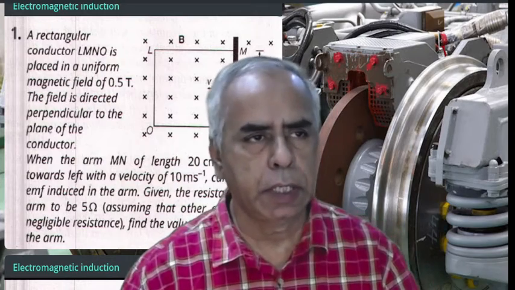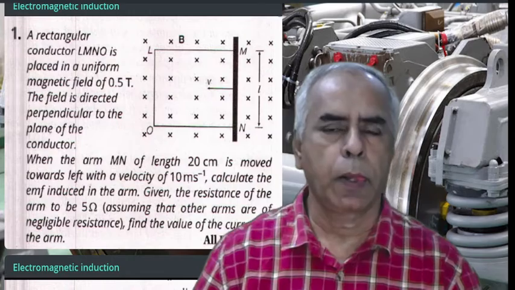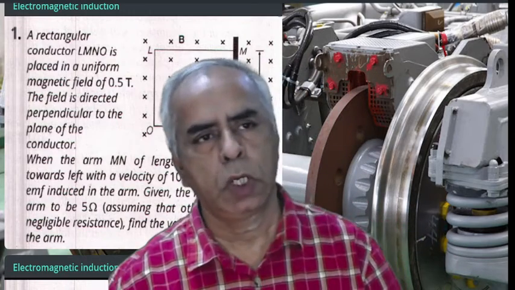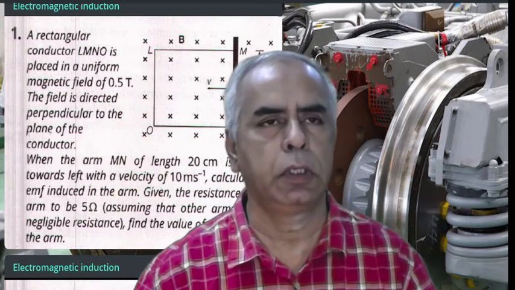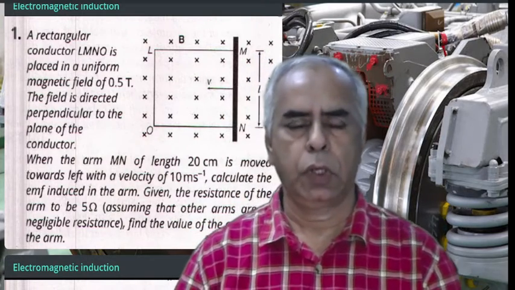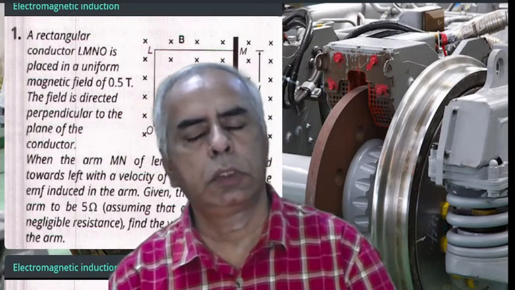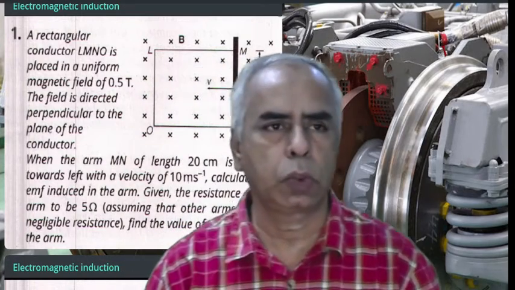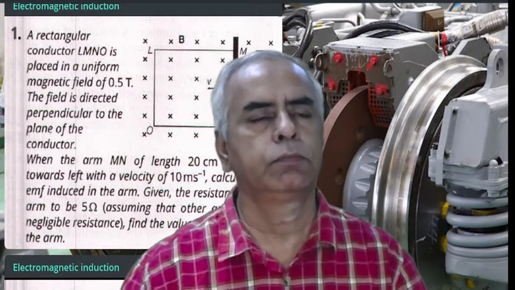Given the resistance of the arm to be 5 ohms, assuming that the other arms are of negligible resistance, find the value of current in the arm. This question has been asked in 2013. Let me explain about this problem.